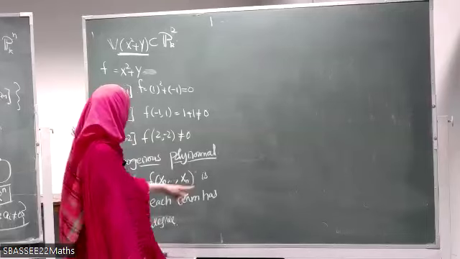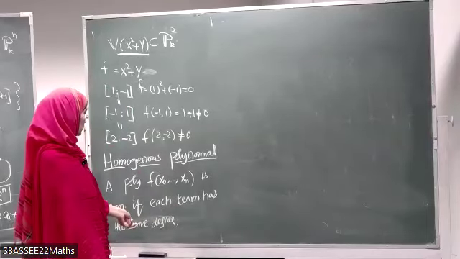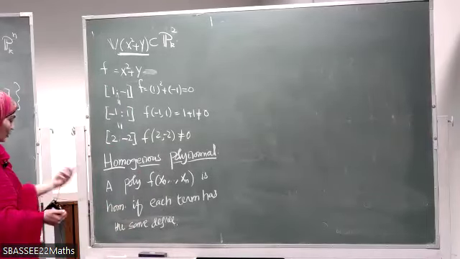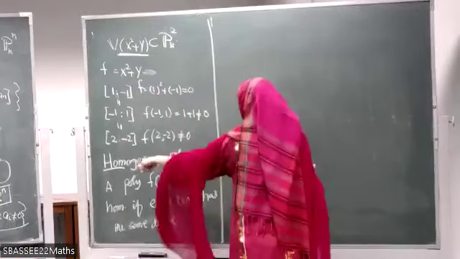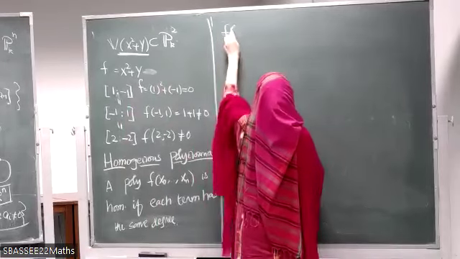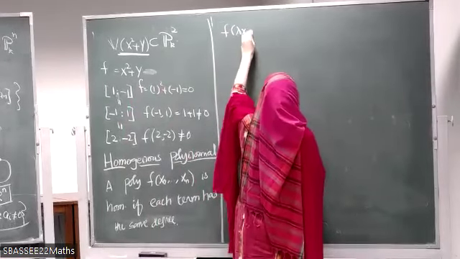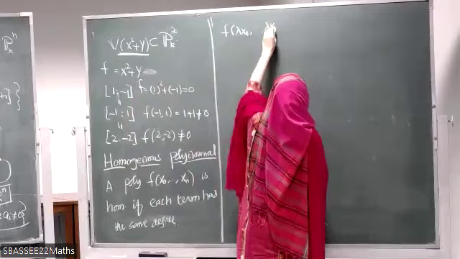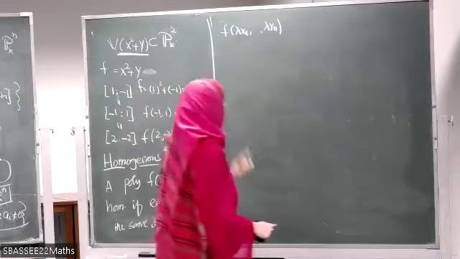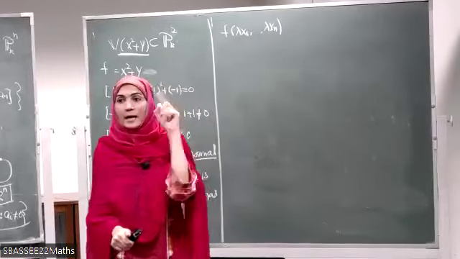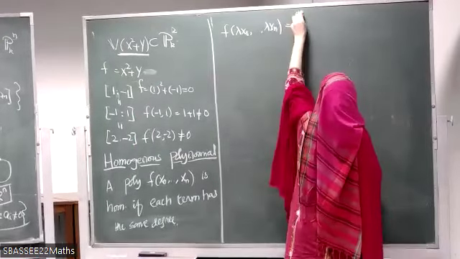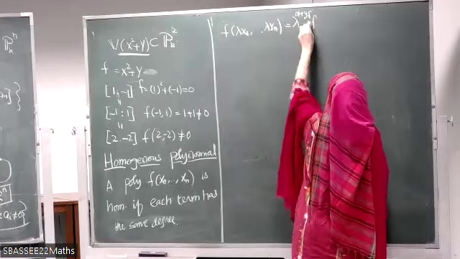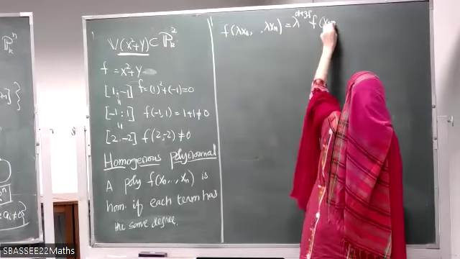And if you want to verify that your polynomial is homogeneous, there is another criterion which is very similar to that one. If you replace your coordinates with lambda times the coordinates, and you scale, you get lambda to the power of the degree of f times your original polynomial.